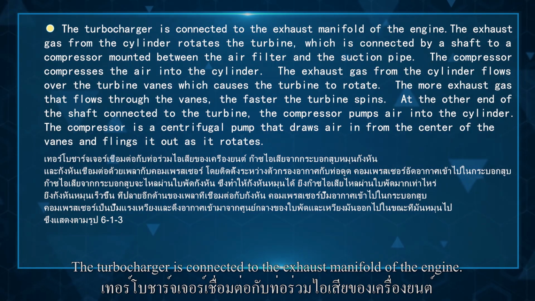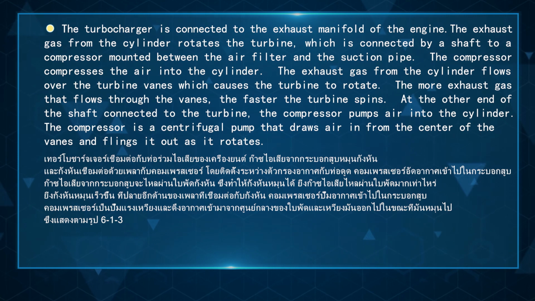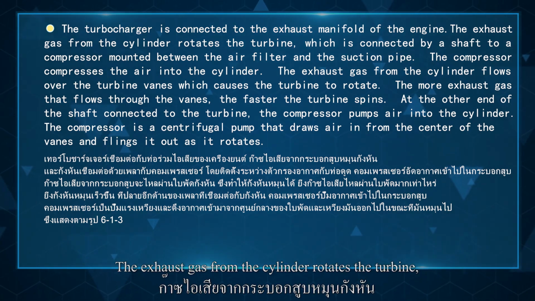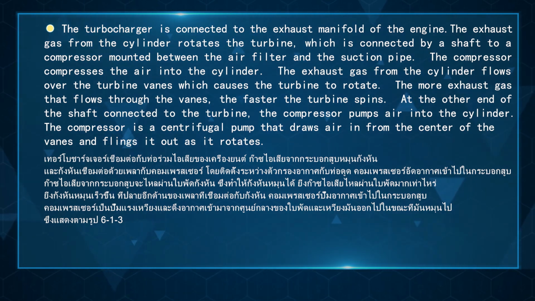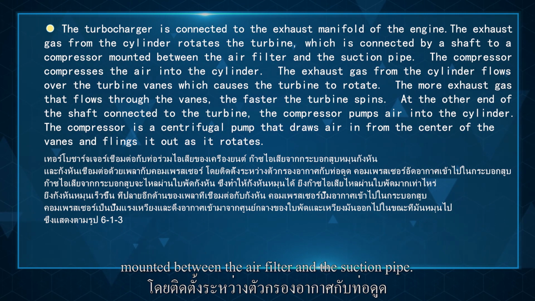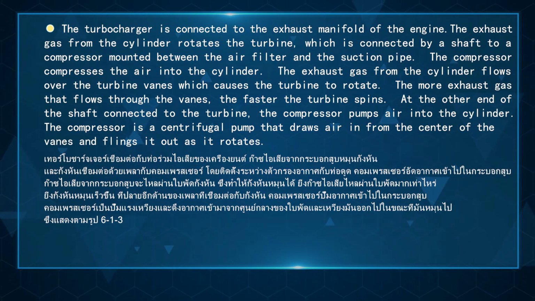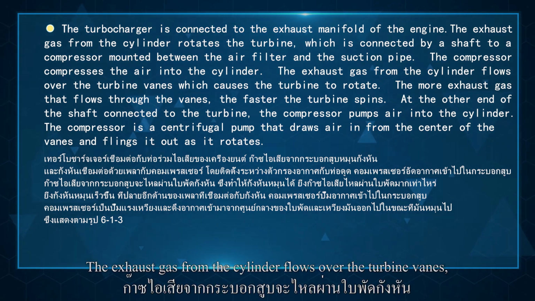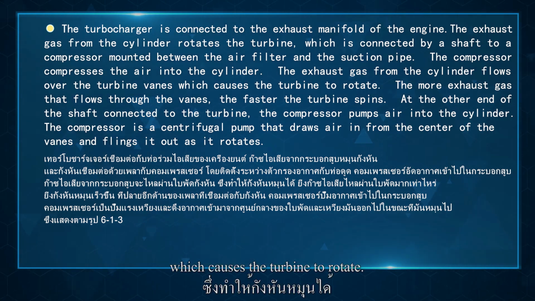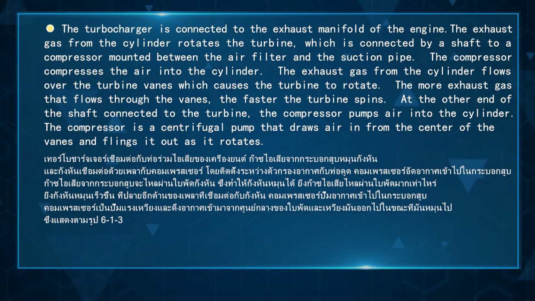The turbocharger is connected to the exhaust manifold of the engine. The exhaust gas from the cylinder rotates the turbine, and the turbine is connected by a shaft to a compressor, mounted between the air filter and the suction pipe. The compressor compresses the air into the cylinder. The exhaust gas from the cylinder flows over the turbine vanes, which causes the turbine to rotate.